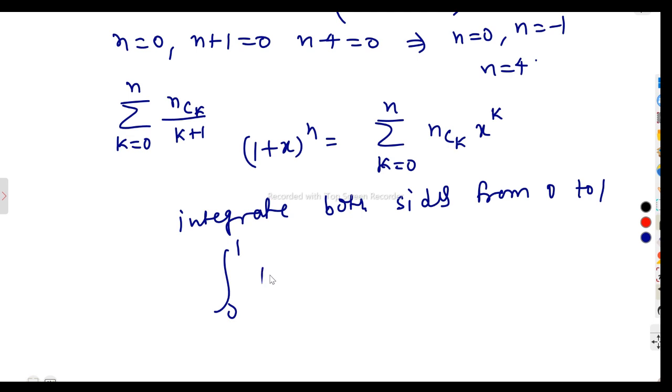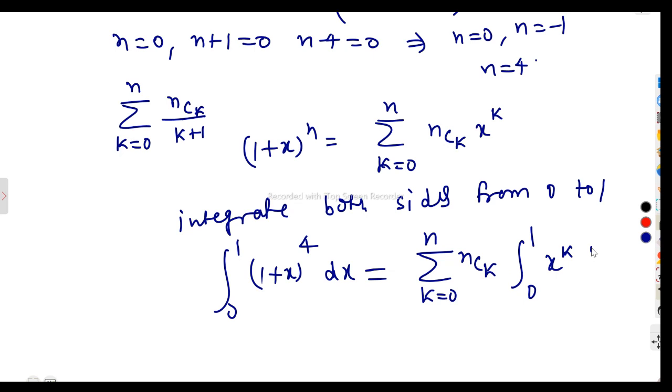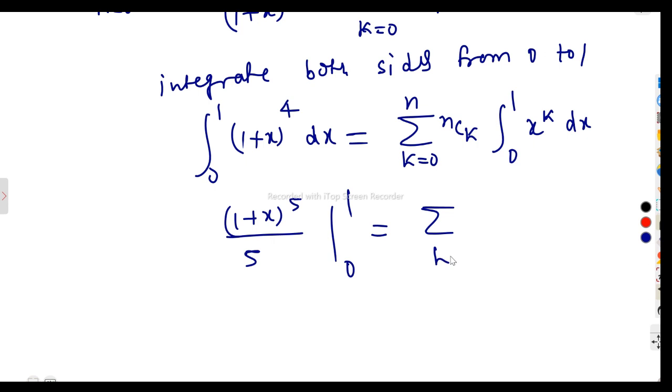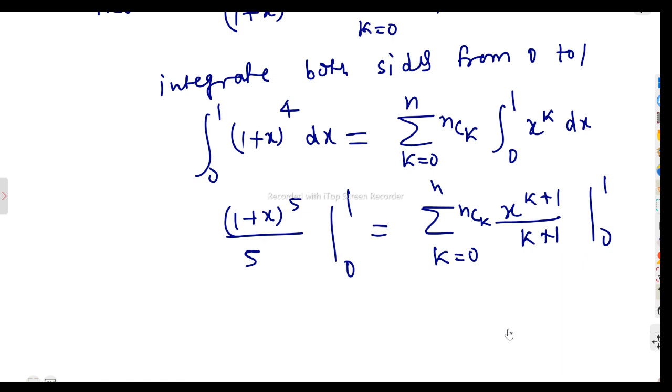So the integral from 0 to 1 of (1 + x)^n dx, and n is equal to 4, is equal to summation k equals 0 to n nCk times the integral from 0 to 1 of x^k dx. This equals (1 + x)^5 over 5 with limits from 0 to 1, and summation of x^(k+1) over k+1 times nCk with limits 0 to 1.